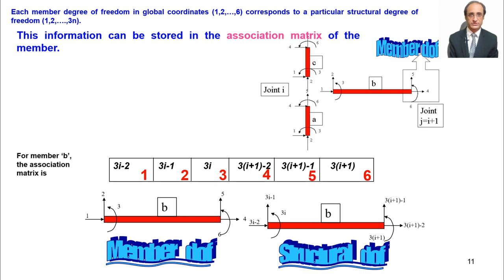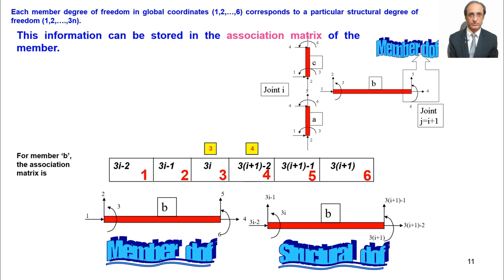So our program should form the association matrix of all the members and store the information here. Then we are very sure which element of the member stiffness matrix corresponds to which element of the total stiffness matrix. For example, let's say this is 3 and this is 4.